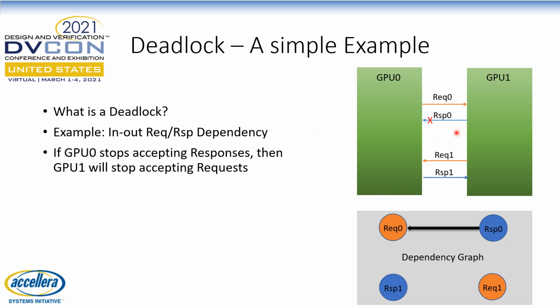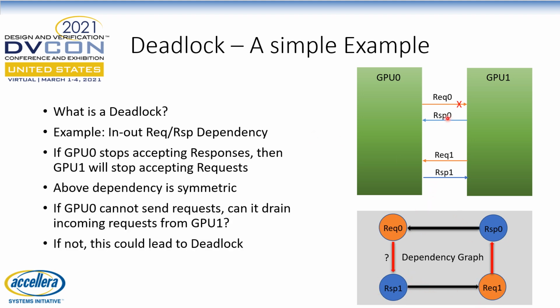So this request to response dependency is known and is captured in the dependency graph here, that if you block response 0, request 0 will get blocked. Due to the symmetric nature of the problem, if you block the response 1 interface, the request 1 interface will also get blocked. These two dependencies, the response 0 to request 0 and response 1 to request 1, are known.